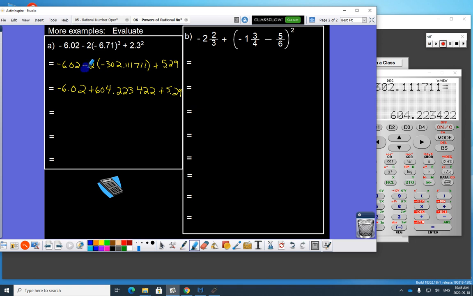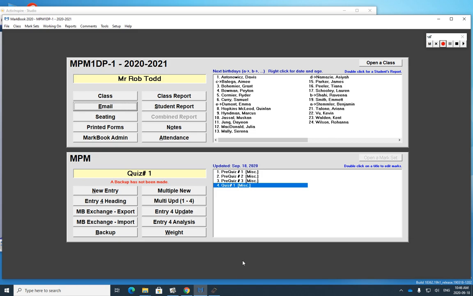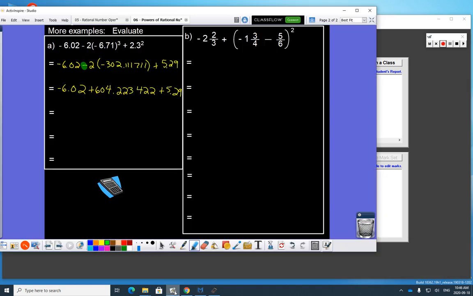We don't want blue. I want some green. Is that symbol right there, is it a negative or is it subtract? And the answer is, yeah, it's negative or subtract. You might think I'm playing games. You think, oh, Mr. Todd's just messing around. No, it's true. You can think of this as negative or subtract.